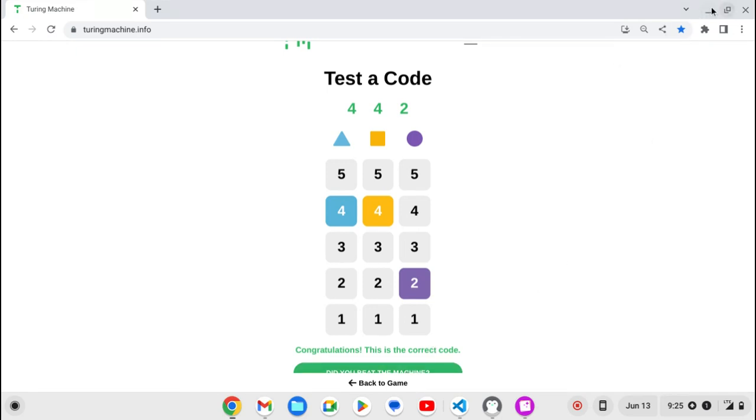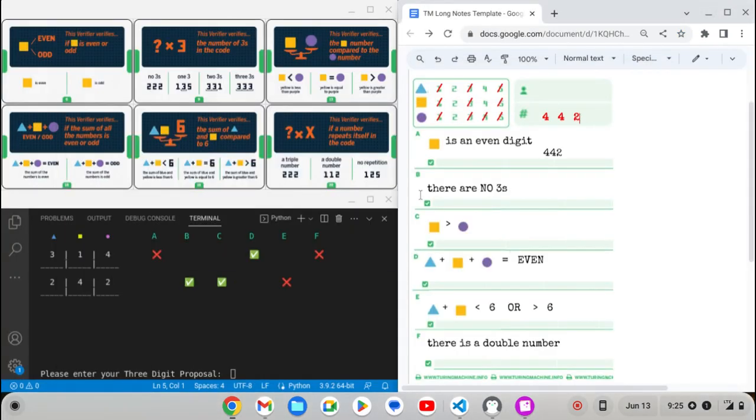Now, did we beat the Turing machine? So we did do 6 tests, and there were no redundant tests, so we didn't do one of them twice.